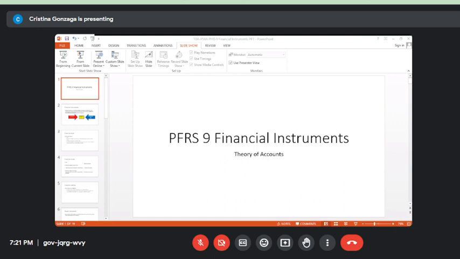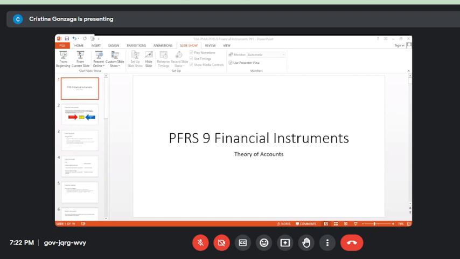So kaya nga pinalitan, ni-revise, and it really took them so long to finish PFRS number 9. And sa totoo lang yung PFRS number 9, now we can completely apply it, unlike before, when PFRS number 9 was introduced then in 2013.